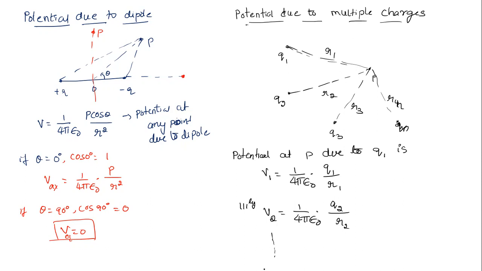If I proceed like this, Vn will become 1 divided by 4 pi epsilon naught into Qn divided by Rn.